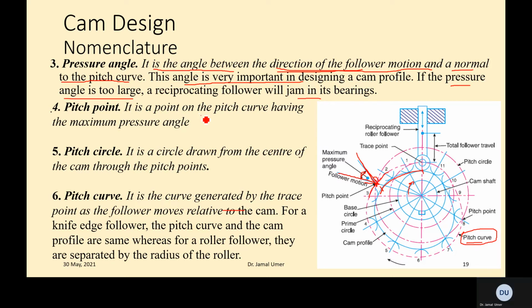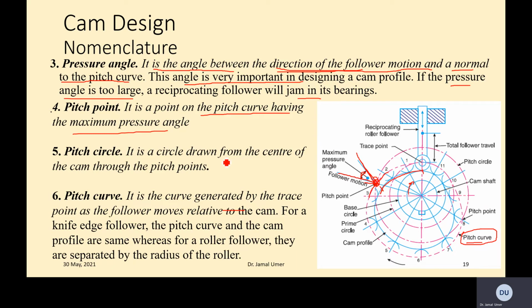It is a point on the pitch curve having the maximum pressure angle. On any position of the pitch curve, you will have one certain point where you have the maximum pressure angle, as shown here. This is the point where you have the highest pressure angle, because the pressure angle keeps changing throughout the cam movement. So that's why it's called the pitch point.